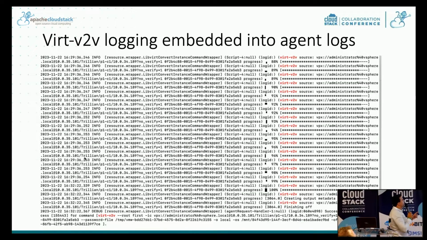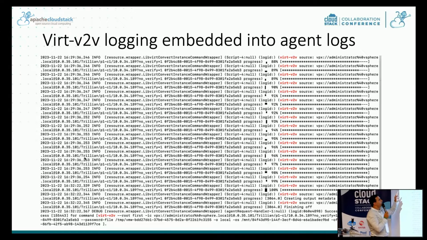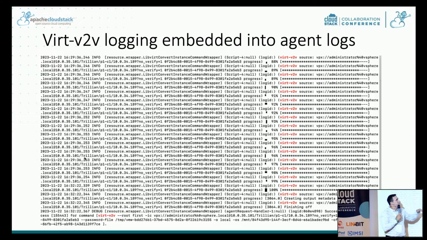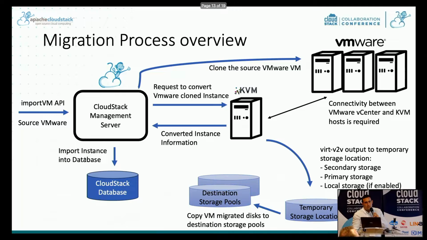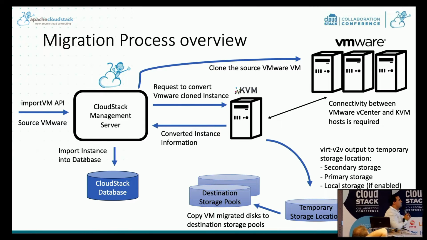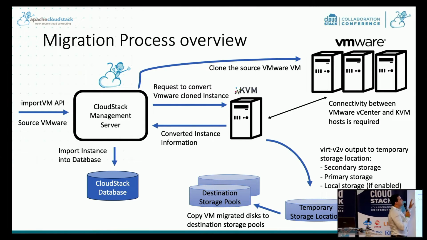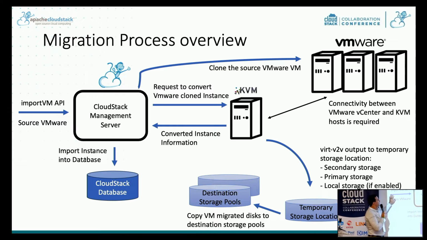We have introduced the Virt V2V logging into the KVM agents, so you have a way to see the process. It's a long-lasting process and can take some time, but it's good that we have the progress there in the logs. So in the big picture, that's how it works.